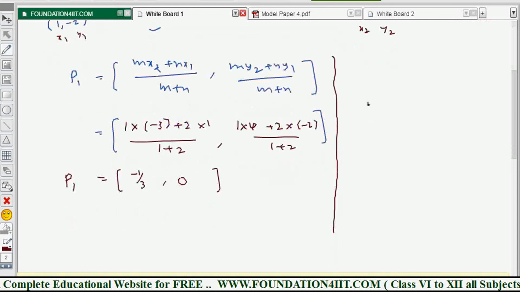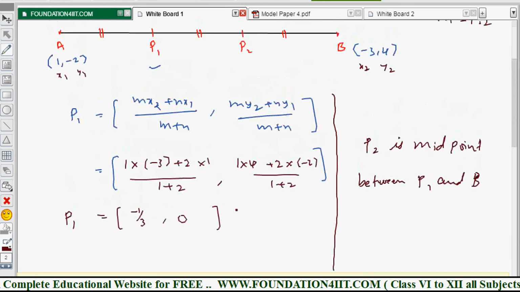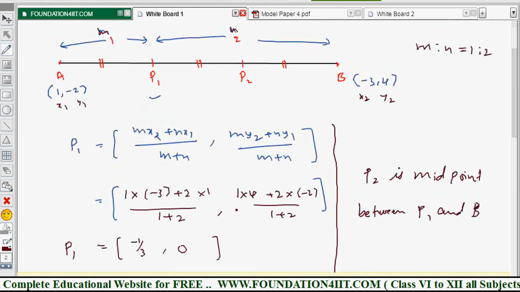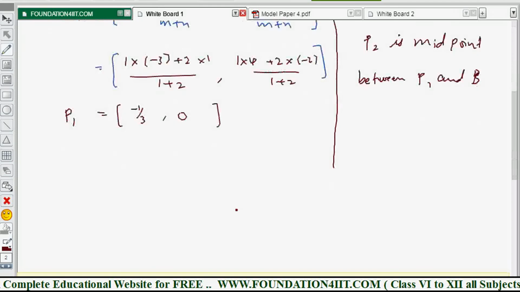You observe, P2 is exactly midpoint between P1 and B. Okay, then P1 is minus 1 by 3 comma 0, and B is minus 3 comma 4. Let us find out the P2 directly.